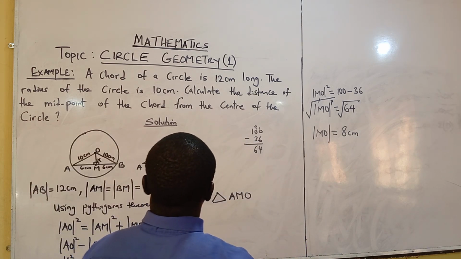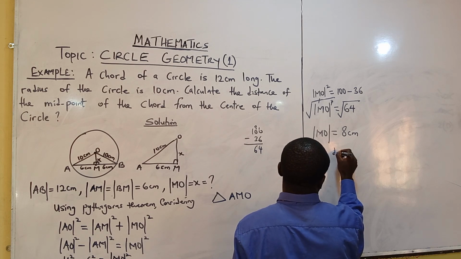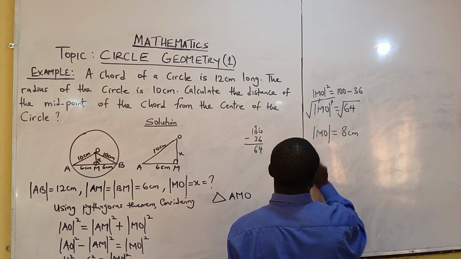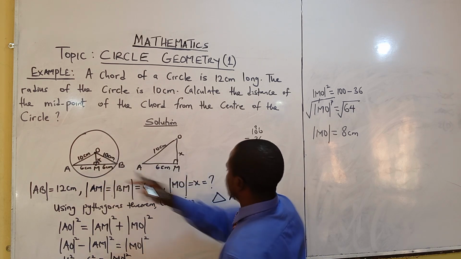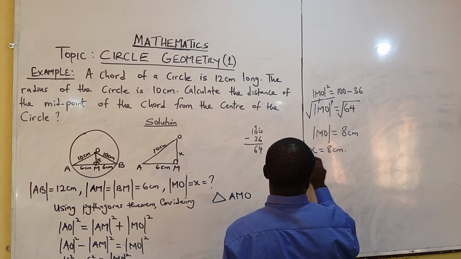Now the distance of the midpoint from the chord, therefore the distance, you can say X now, because we said MO equals X, now equals 8 centimeter.